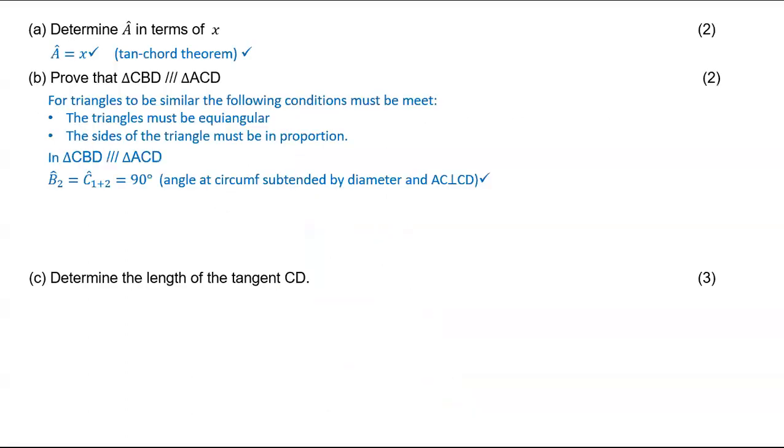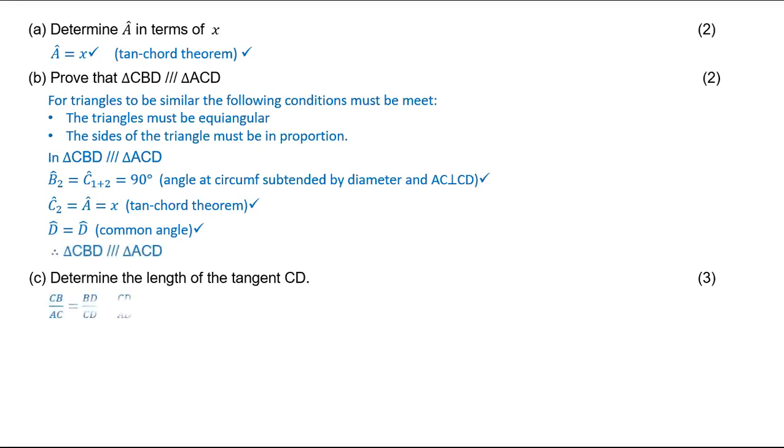And I think that's all I need to prove that all the angles in the smaller triangle, which is your CBD, will be equal to all the angles in the bigger triangle, which is ACD. Therefore, these two triangles are equiangular. That's why I can say triangle CBD and triangle ACD are similar. That is because they're equiangular.